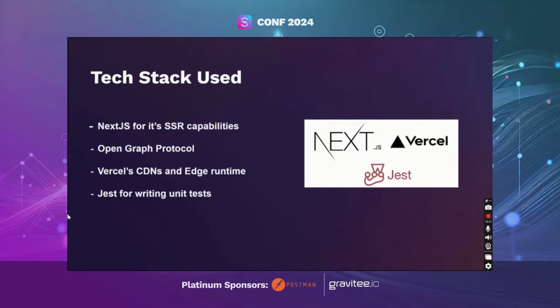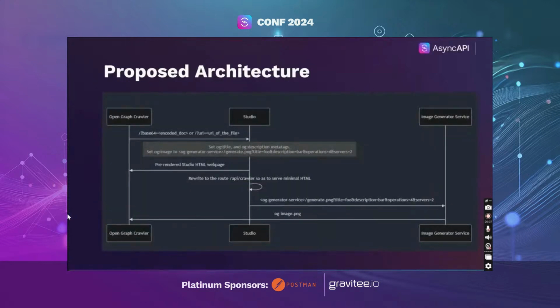There was a huge effort undertaken by many of the maintainers of Studio, essentially migrating the entire code from React to Next.js, for server-side rendering, for avoiding the waterfall problem, for minimizing those flashes that you see on page loads, etc. Next.js is one of the main reasons why this project was successful, because if it was not for Next.js, this pre-rendering of the server-side tags could not be done. It had to be offloaded entirely to the client.